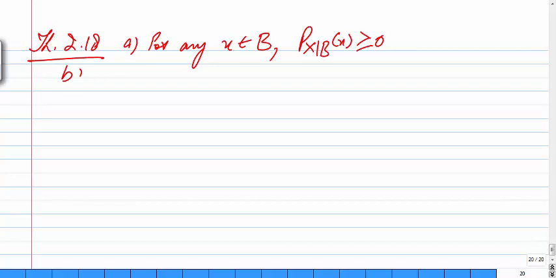This is from the axioms of probability. Similarly, if x belongs to B and I calculate all the conditional PMFs, the sum must be equal to 1.